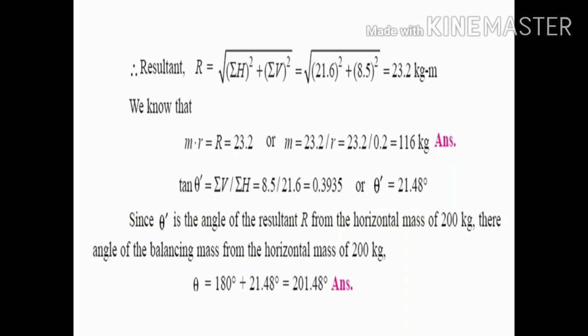So 180 plus 21.48 is equal to 201.48. So our angle is 201.48, meaning at this angle we have to place a mass at 0.2 radius, and the mass is 116 kg.